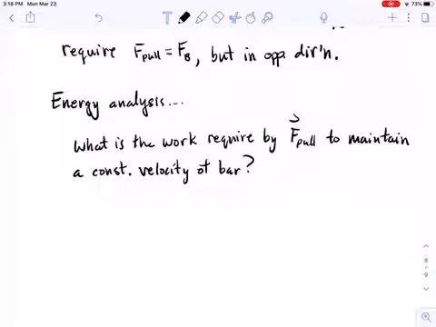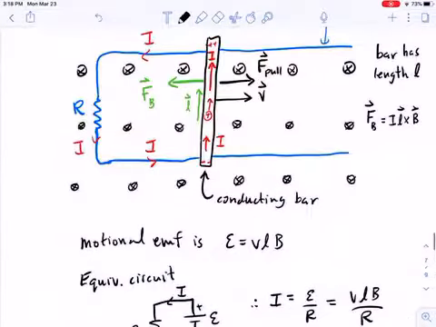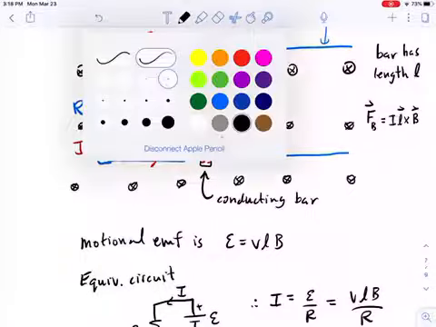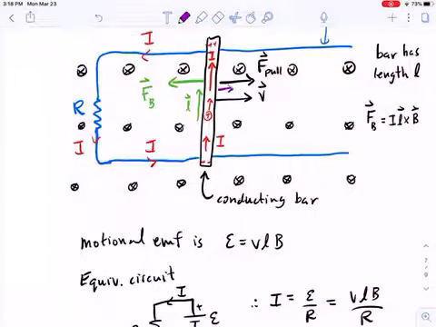Okay, so the way we calculate work is force times displacement, right? In general, it's the integral of F dot ds, where ds is an infinitesimal displacement. Now, what we're trying to do is pull our bar towards the right.